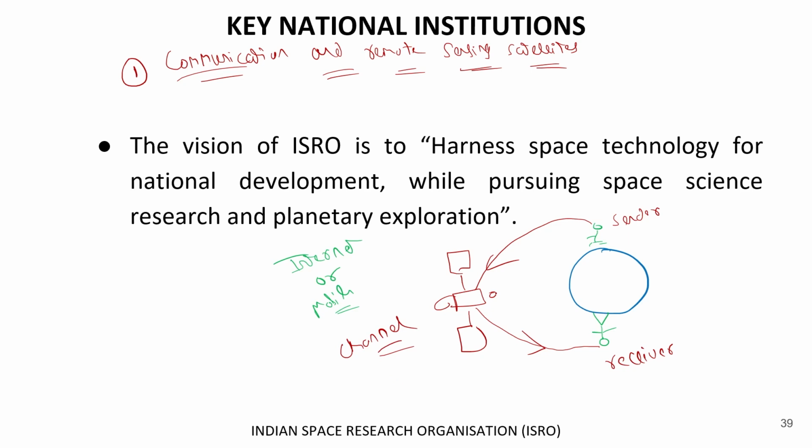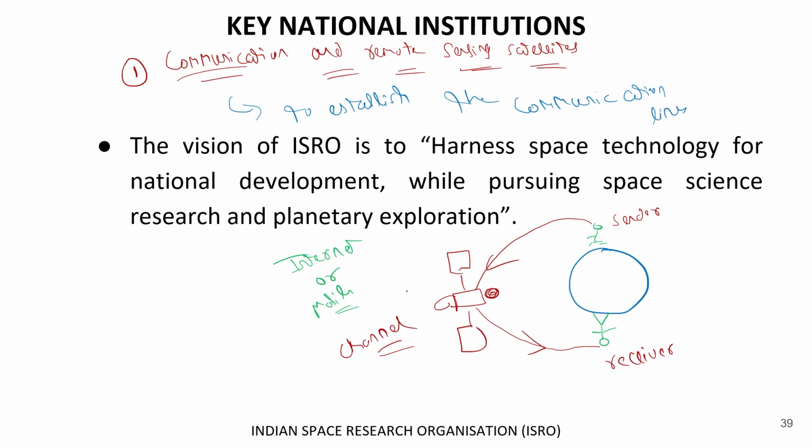So the first kind of satellites were the communication satellites, which we required to establish the communication lines. Their work was to first receive the messages from the sender, then deflect them towards the receiver.